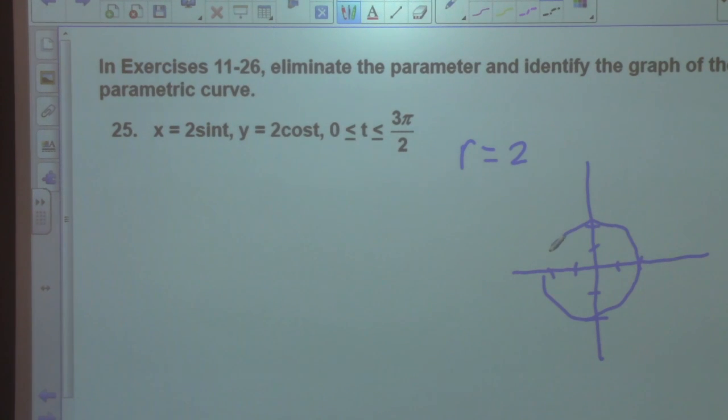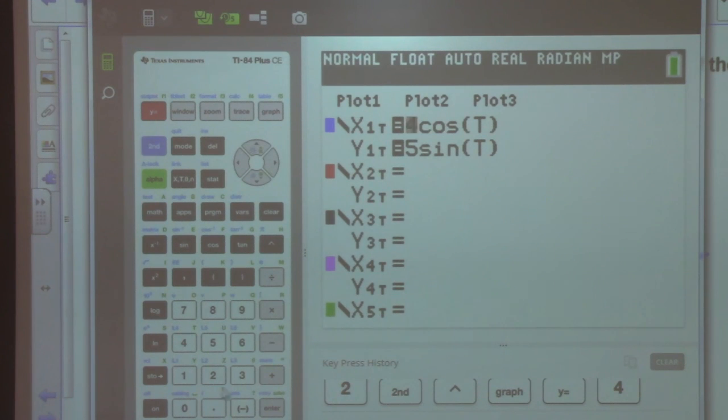Now one thing that's not apparent here, and we're out of class time, is this between 0 and 3 pi over 2. It's going to start right over here. It's going to rotate instead of counterclockwise, it's going to rotate like this, and it's just going to go to right here. Okay, and then 2 sine t and 2 cosine t.